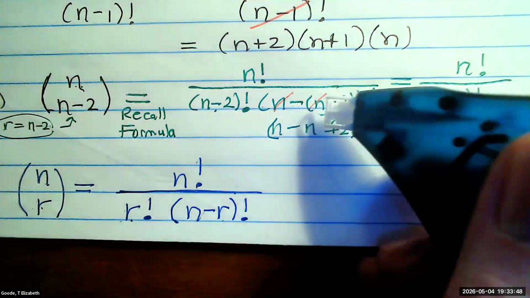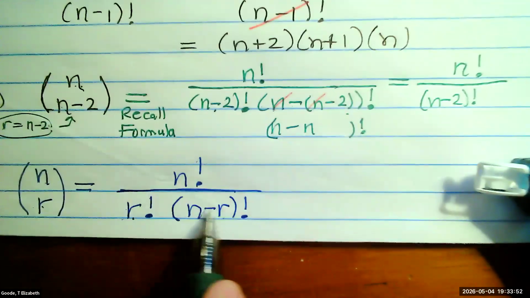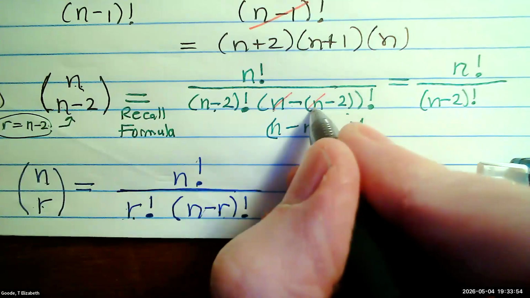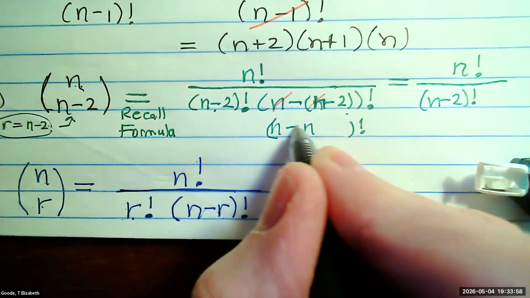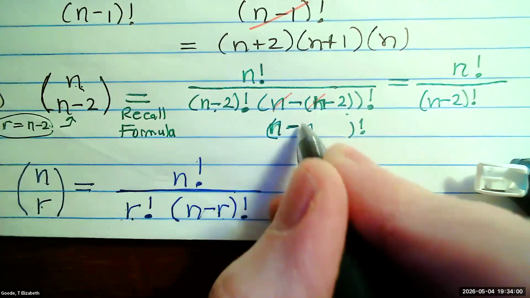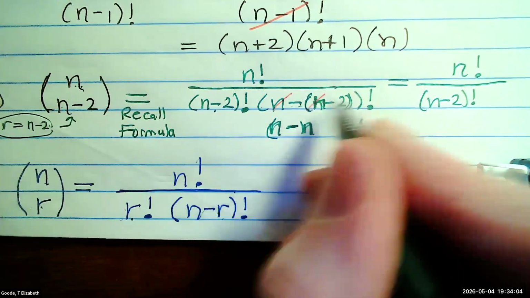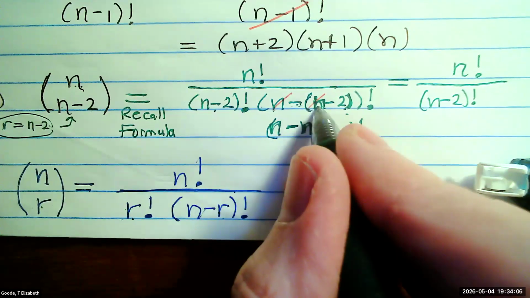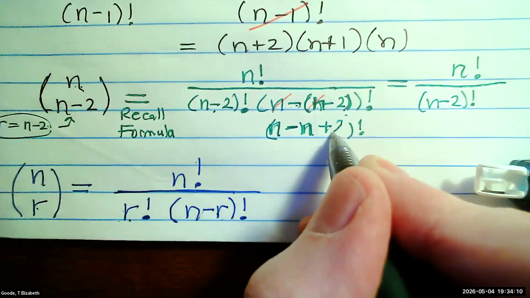If you distribute the minus across the parentheses, because it's minus all of r, and r is n minus 2, you've got to take this minus sign and distribute it across all of r. So minus n is minus n, minus a negative 2 is plus 2.